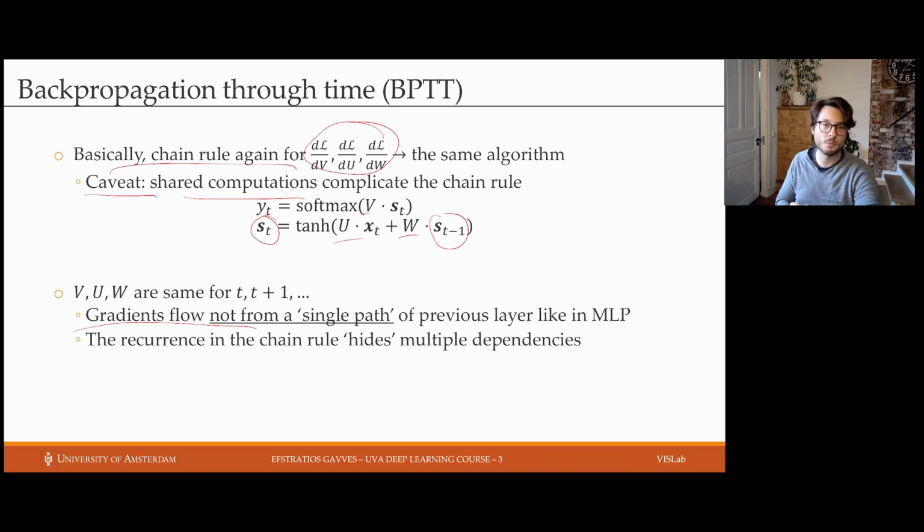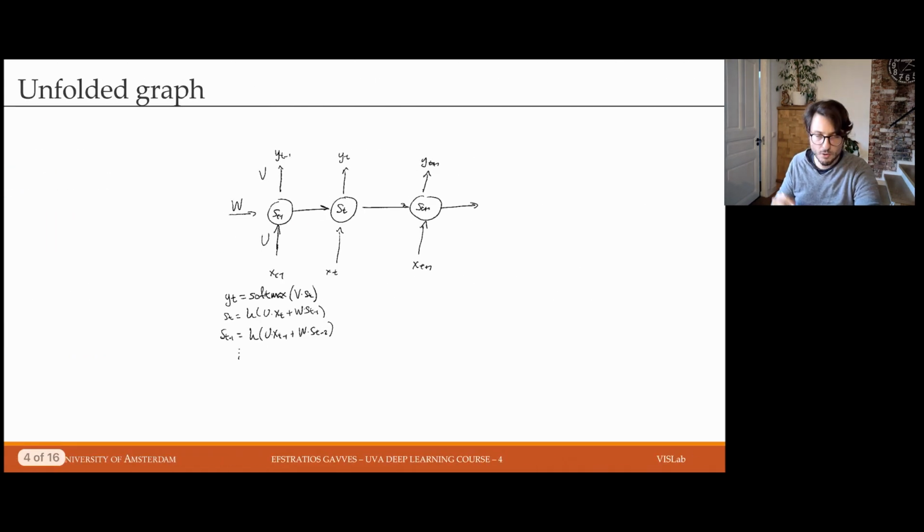One potential problem in considering all these things intuitively is that the recurrence in the chain rule actually hides multiple dependencies in it. Because of writing the equations in a very compact form, the disadvantage is that we're sort of hiding these extra connectivities, and this might cause some trouble. So now let's try to actually figure this out.